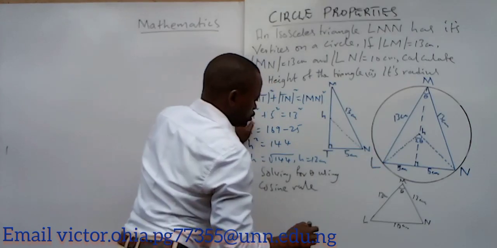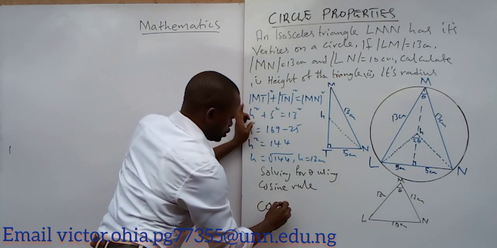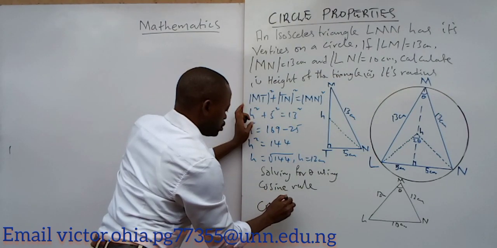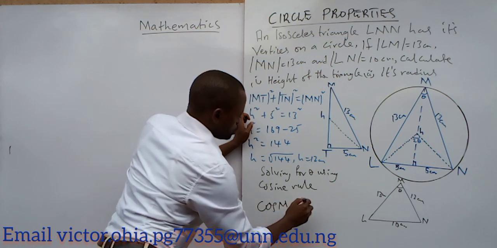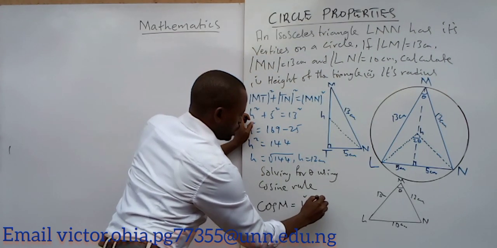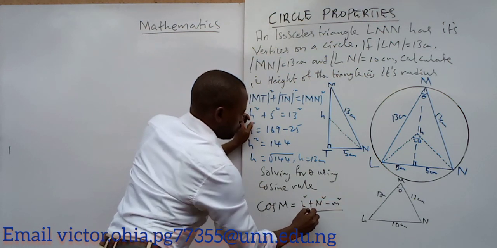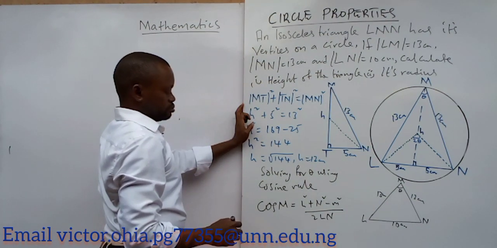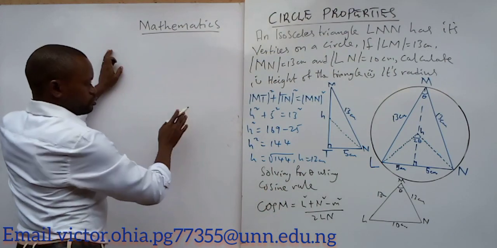That cosine rule says cos theta, or cos M, is equal to L squared plus N squared minus M squared all over 2LN. I'm sure we follow that.